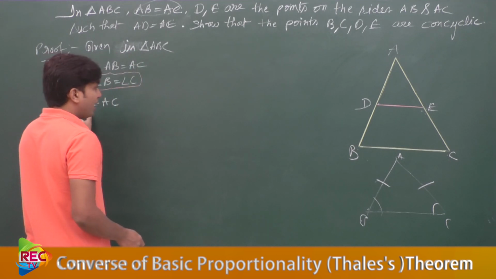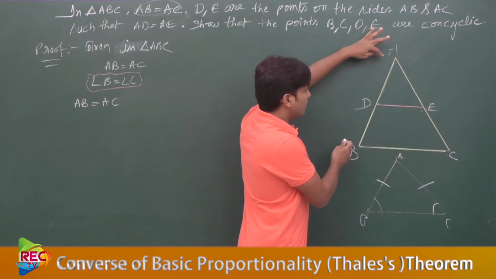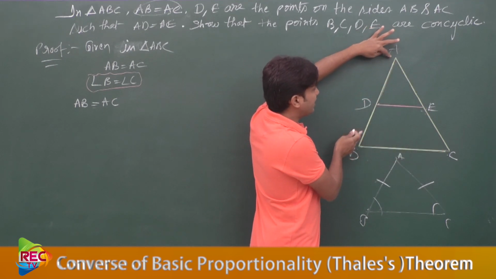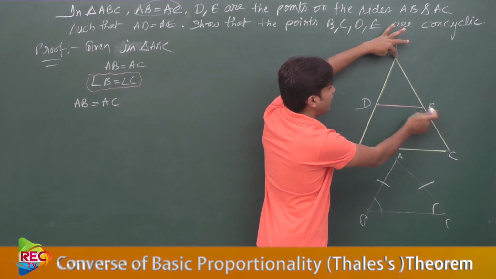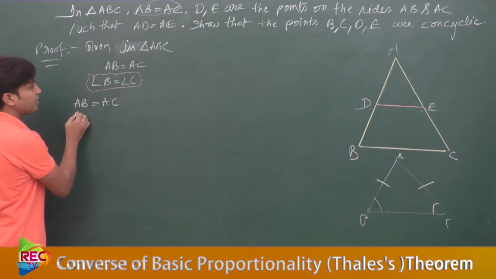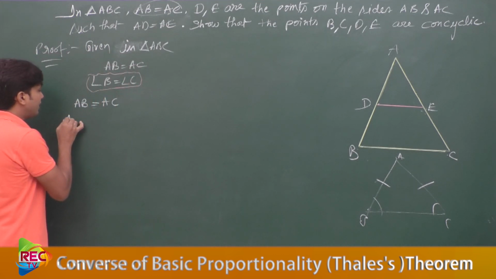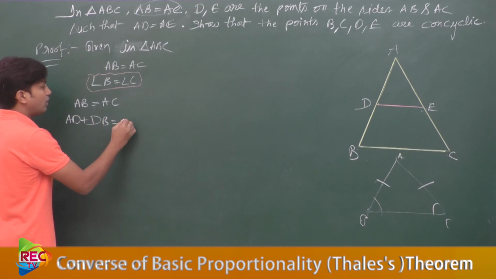So how can we write AB and AC? AB can be split into AD plus DB, or not? Similarly, AC can be split into AE plus EC, or not? Let us do that. So AB can be split into AD plus DB, equal to what?